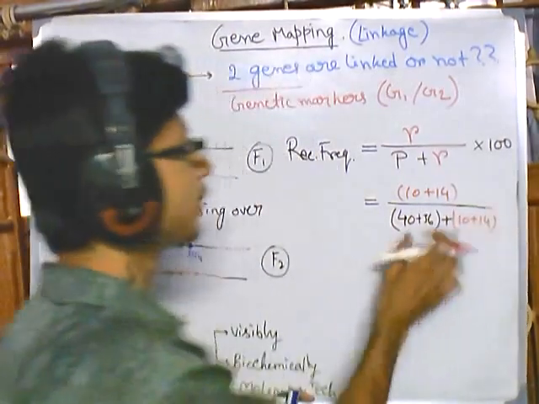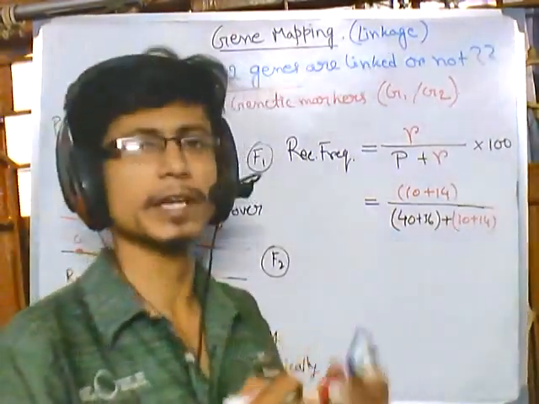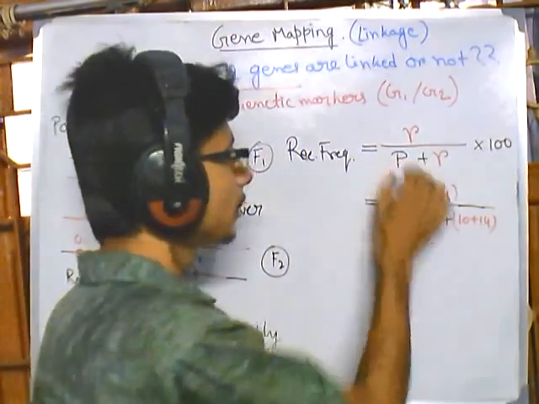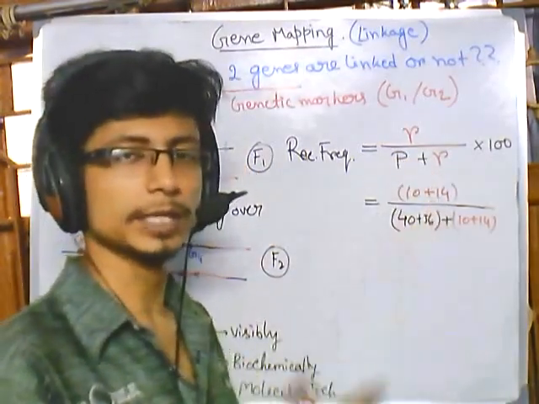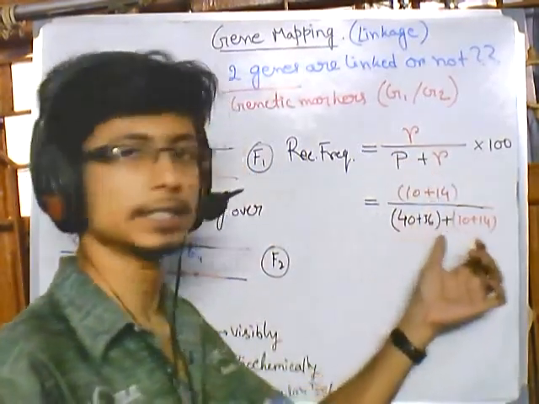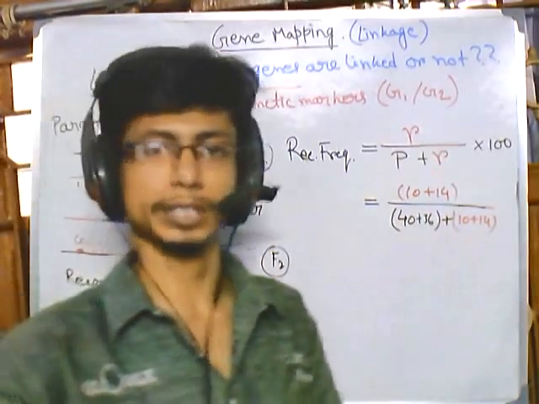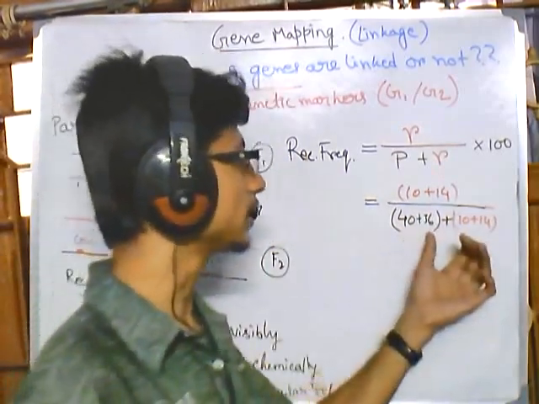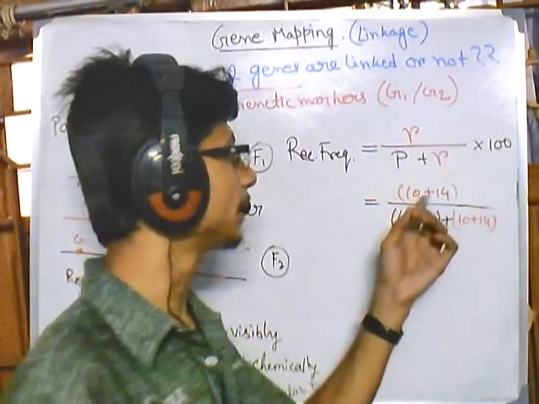It's just arbitrary values I am taking. So we have two parental sets, one 40, one 36, and recombinant types developed in 10 and 14.